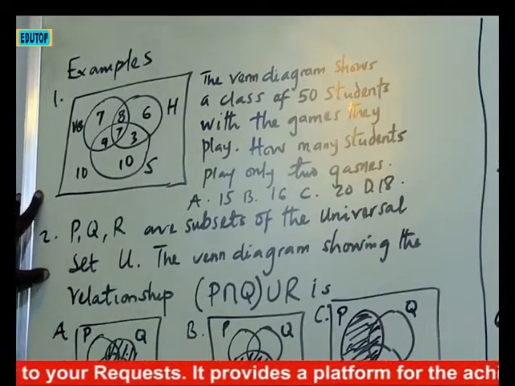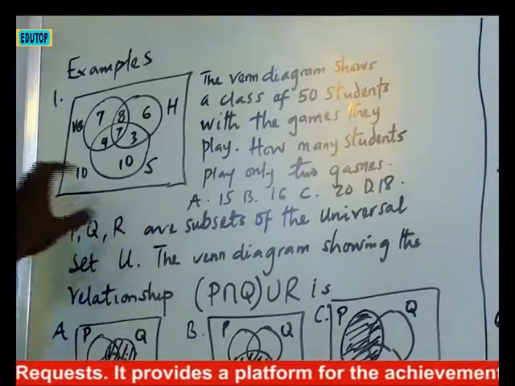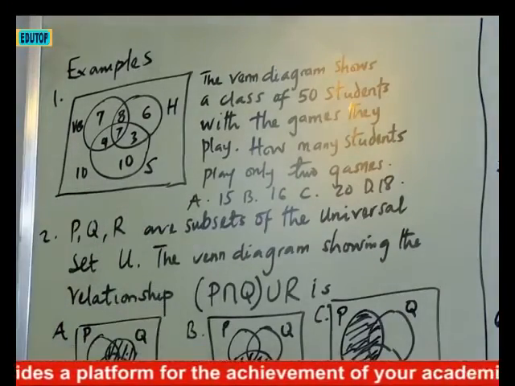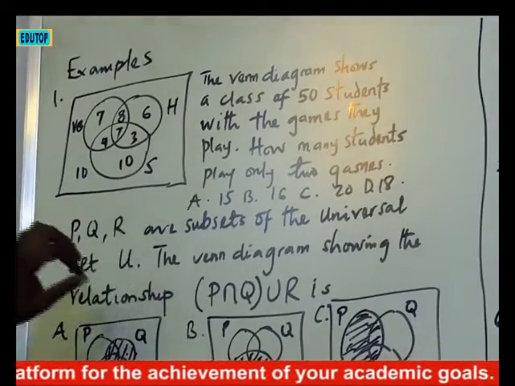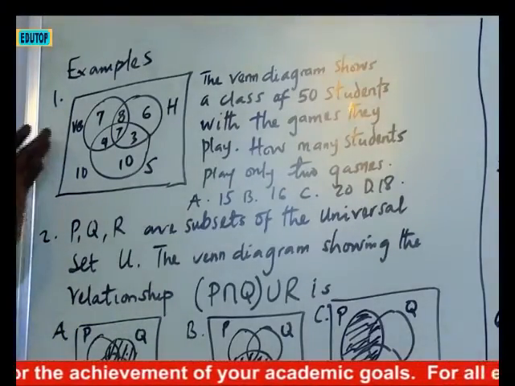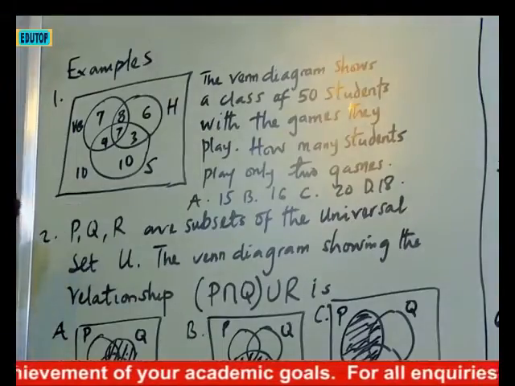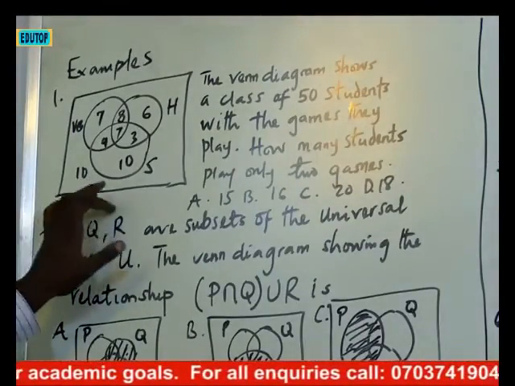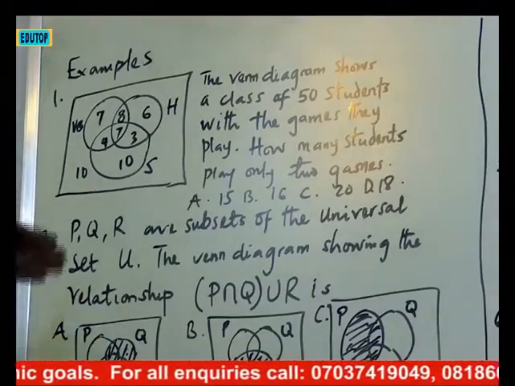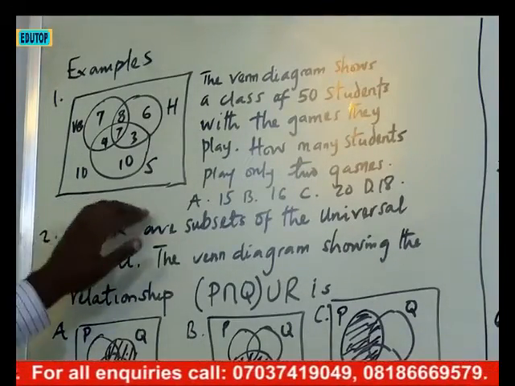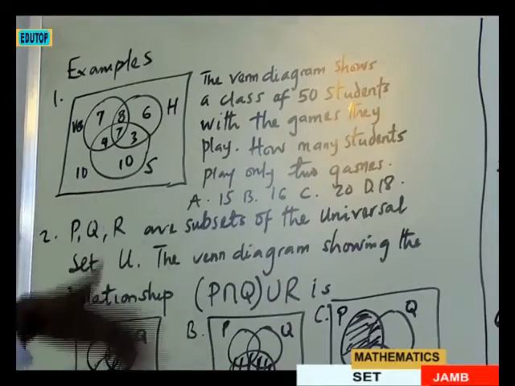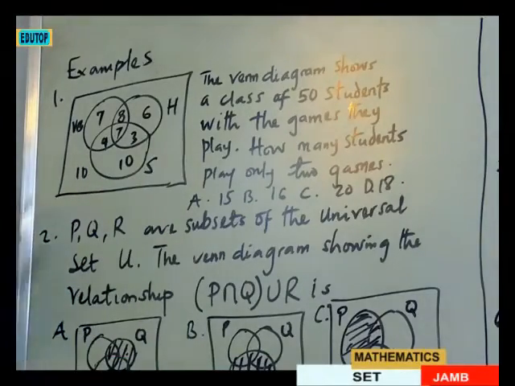Look at this. The first question says that we are given a Venn diagram. This is known as a Venn diagram, because it's a diagram in the form of circles that describe the numbers allocated to each parameter and so on and so forth.